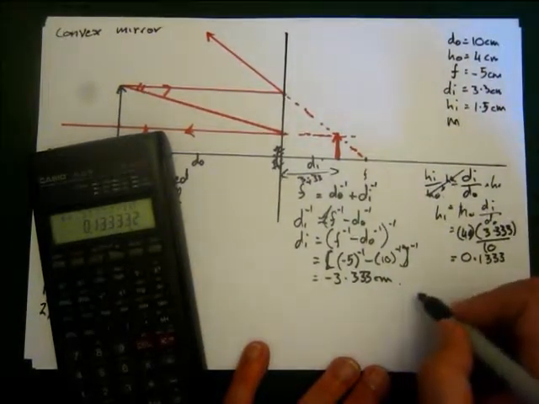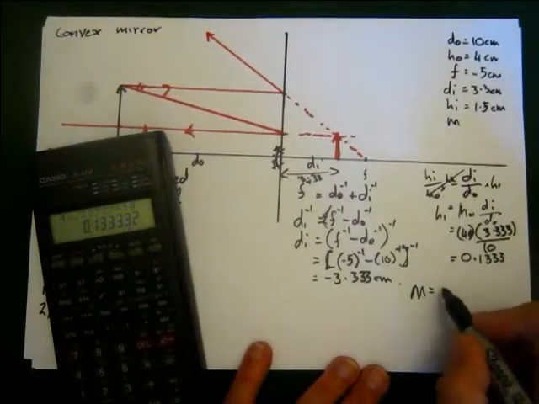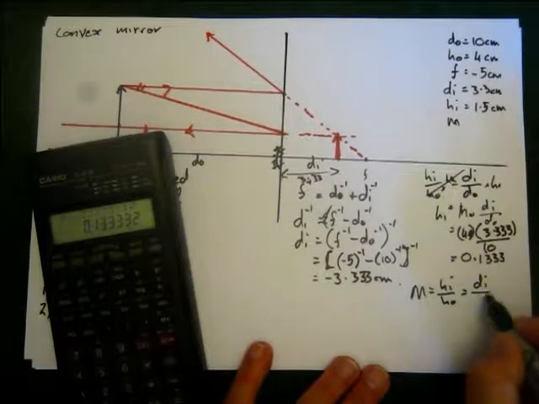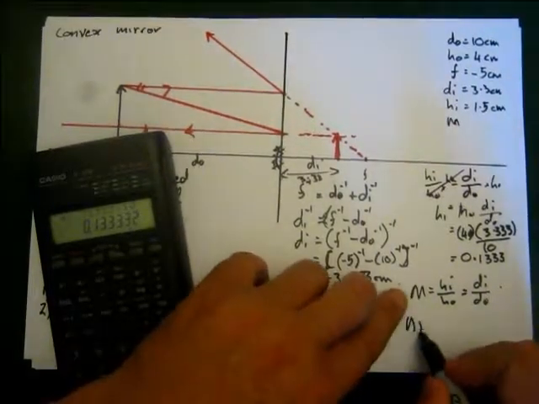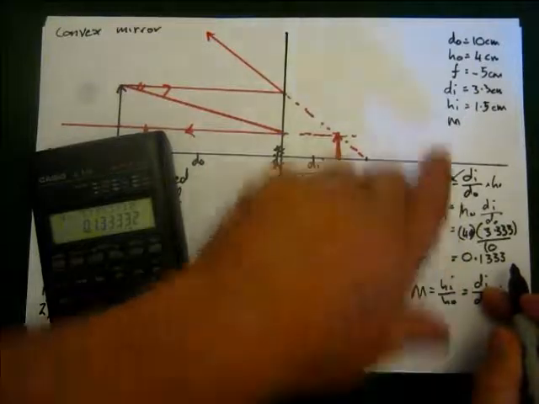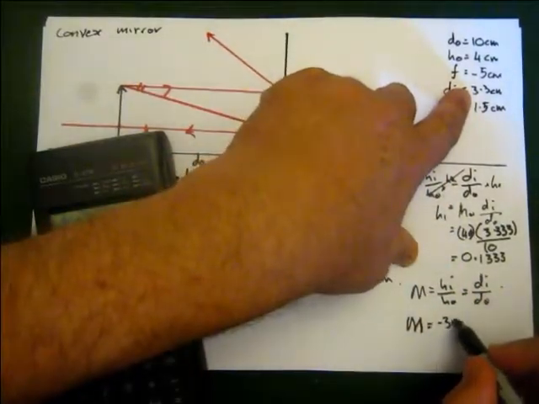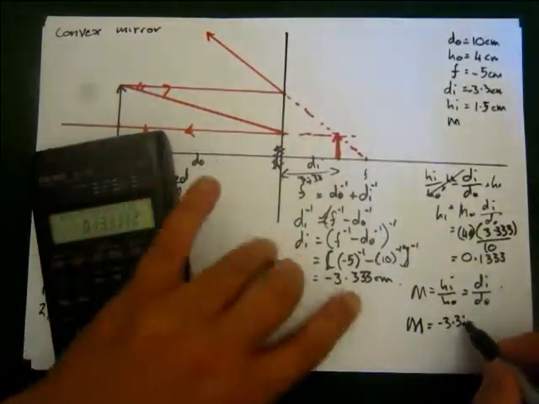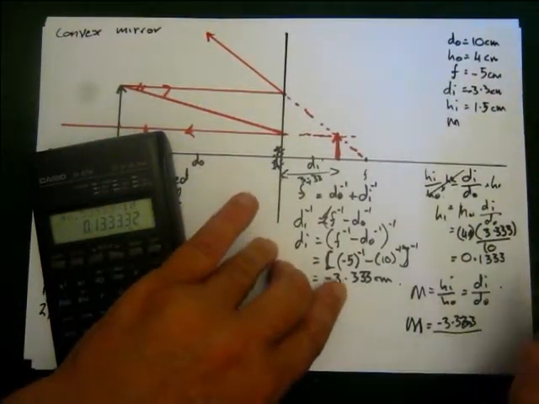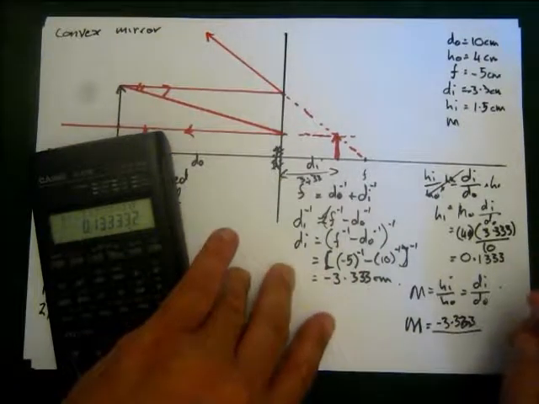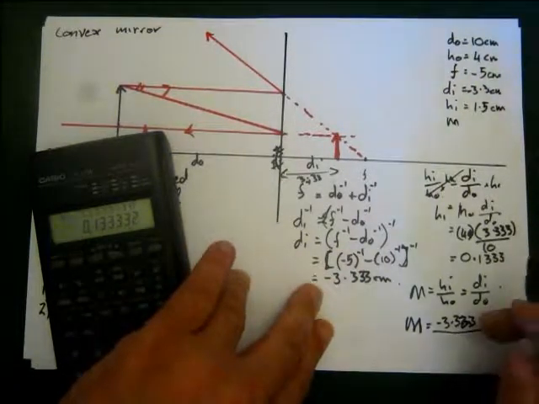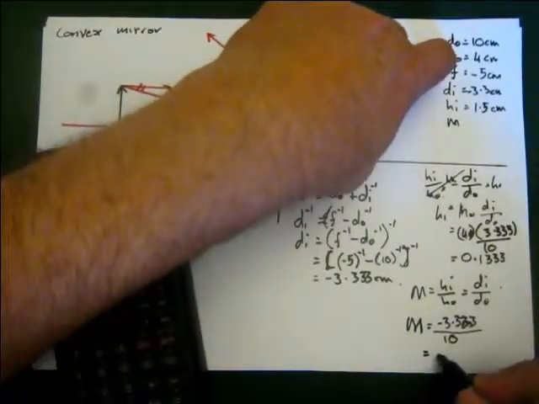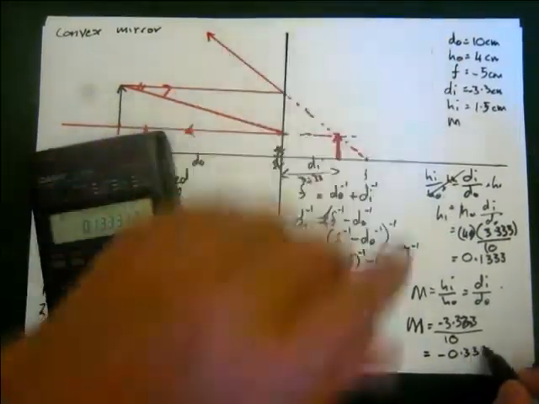And the final thing is magnification. Magnification is equal to HI over HO. It's also equal to DI over DO. So let's use that one. So M is equal to DI, which is minus 3.333 centimetres, over DO, which was 10, equals minus 0.3333.